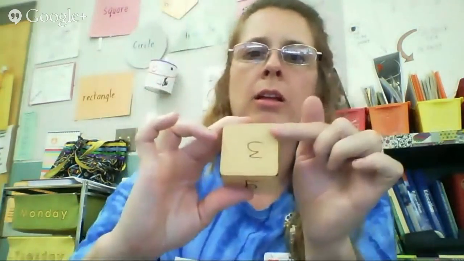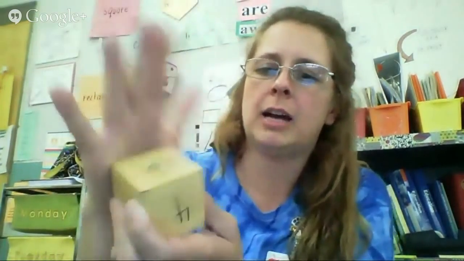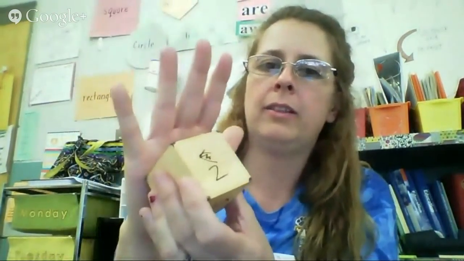Count them on the bottom. 5, 6, 7, 8. 8 vertices. Then you have to go with the edges, and that's the kind of stopping points of the cube, and it has 12 edges.